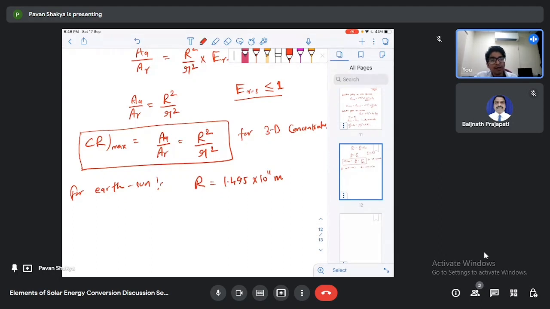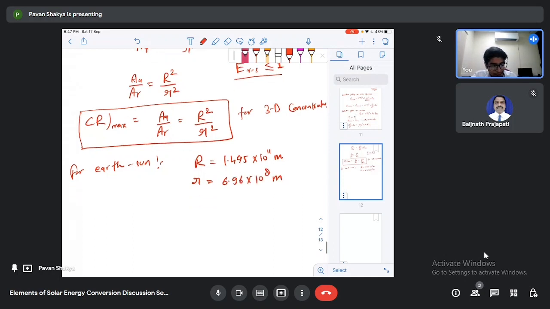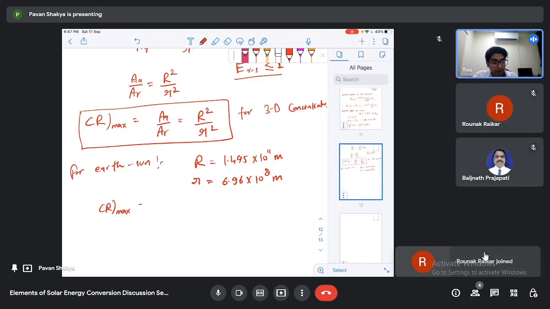This is the mean distance between the sun and the earth, and we know that the radius of the sun is 6.96 into 10 to the power 8 meters. So now we can calculate this CR max. It will become equal to 1.495 into 10 to the power 11 divided by 6.96 into 10 to the power 8, whole square.